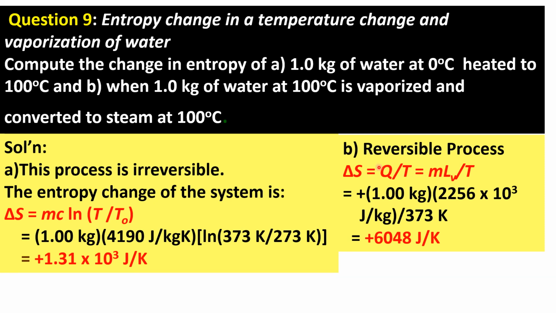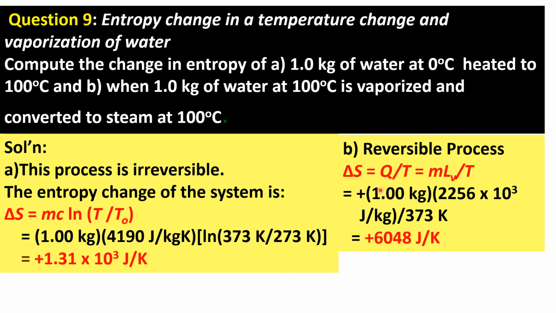But the amount of heat Q used to vaporize makes use of a constant known as the heat of vaporization for water, and that is equal to 2,256 times 10 to the third power joules per kilogram. So we multiply that by the mass.